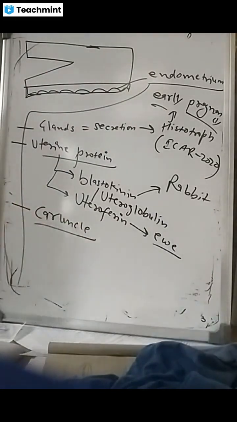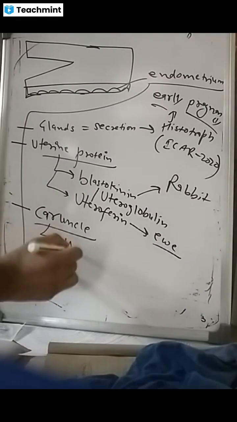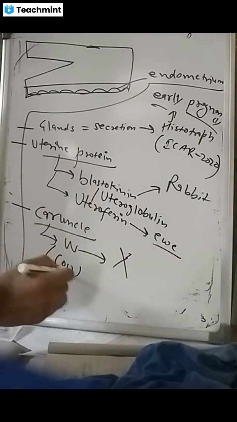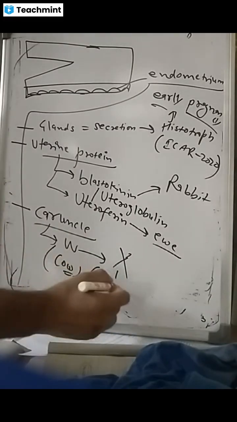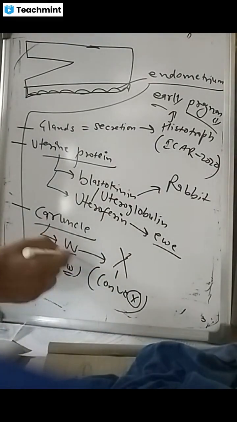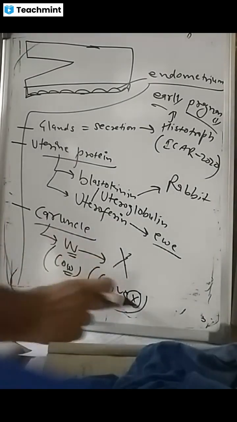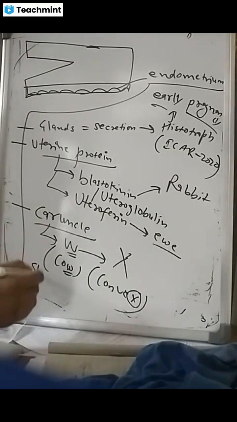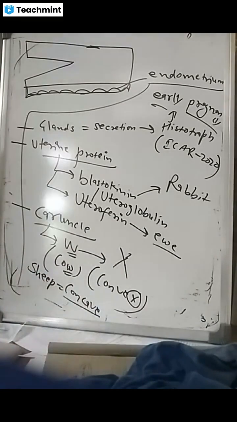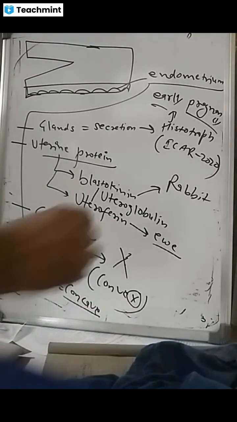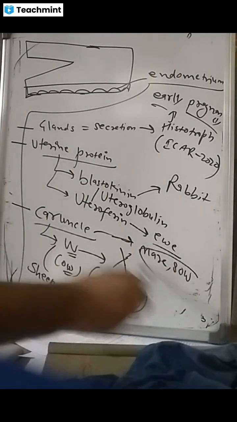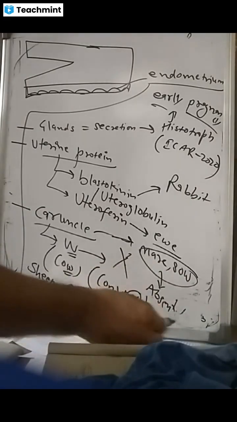caruncles. In case of cow, they are convex. Then in case of sheep, they are concave. And in mare and sow, these are absent.